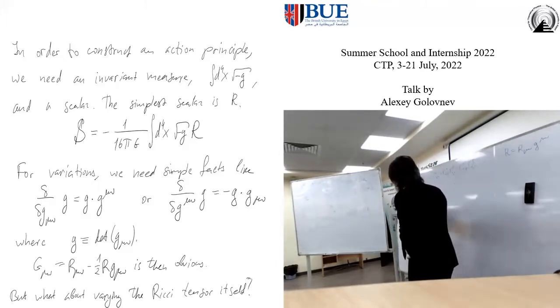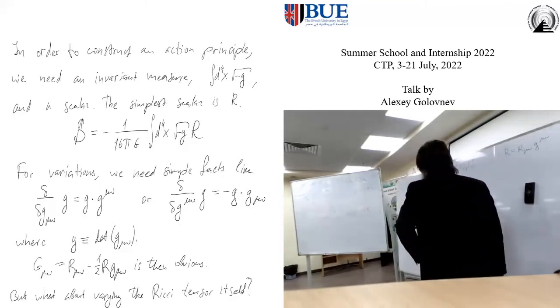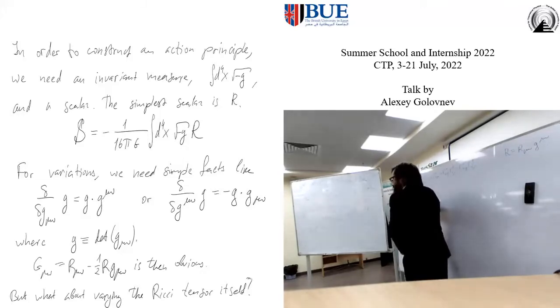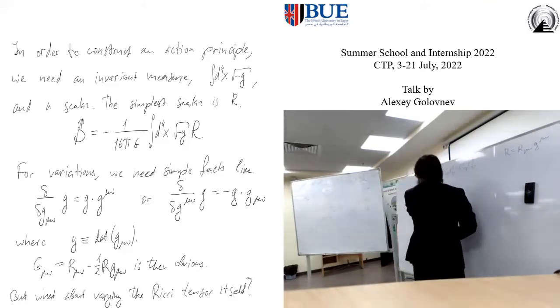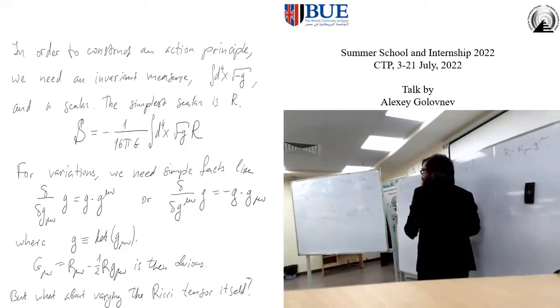And how to define density, people also sometimes include square root of minus g explicitly, sometimes you do not, but finally, you should be careful what you do here. In a sense, without square root of minus g, it's just a scalar. If I take square root of minus g, it gives me some kind of density.